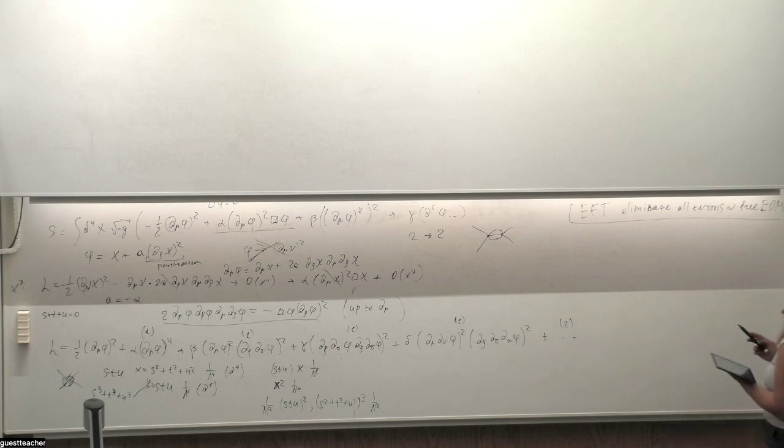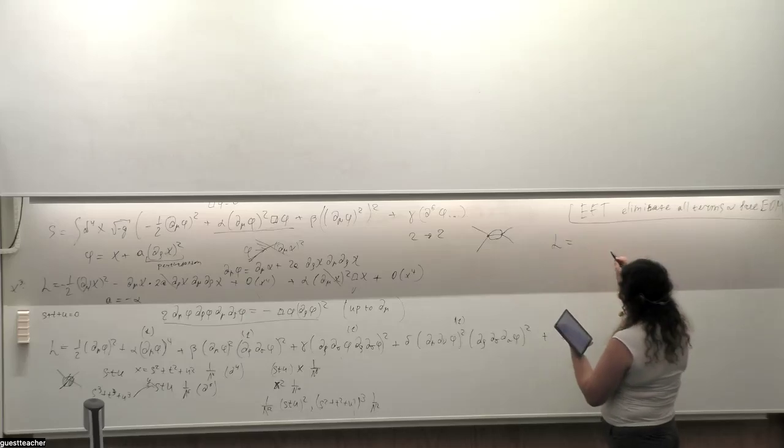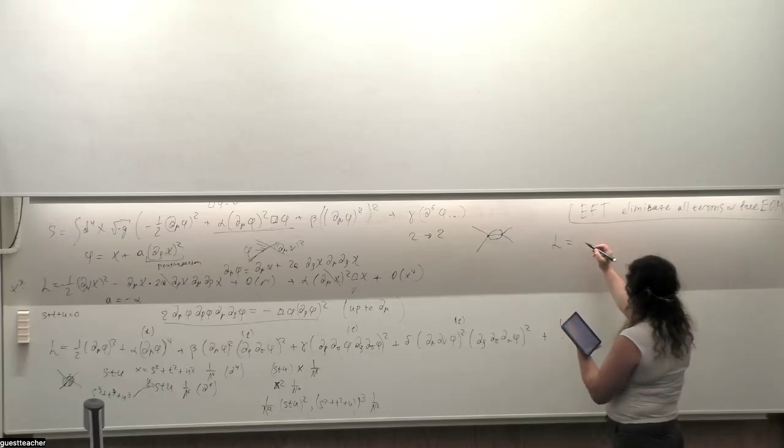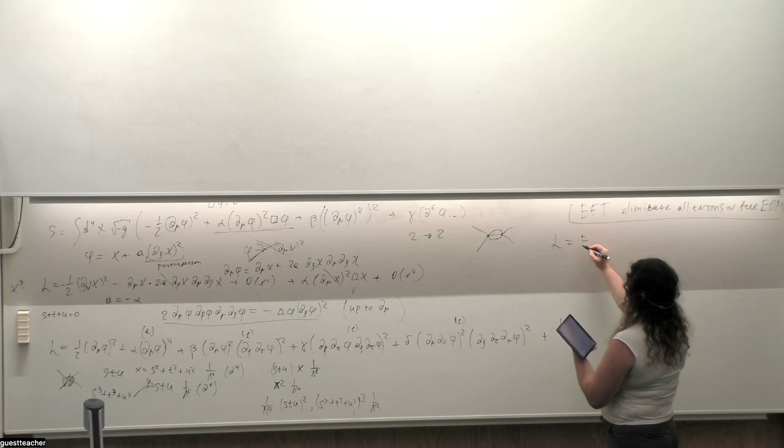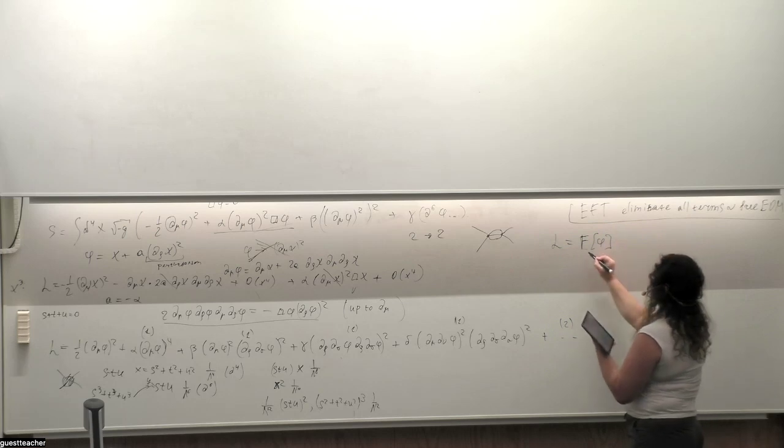And in this case, the field redefinition can be adjusted also very easily. In the very general form, let me write it. If we have a term proportional to free equations of motion, let it be some functional of phi, maybe with indices.